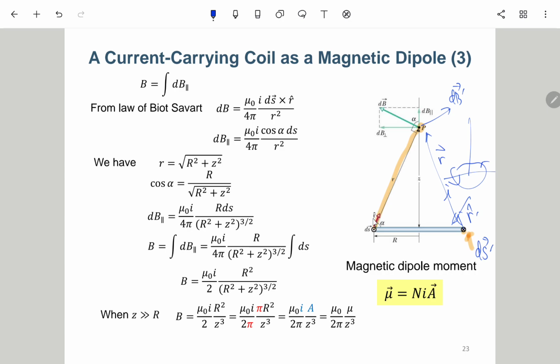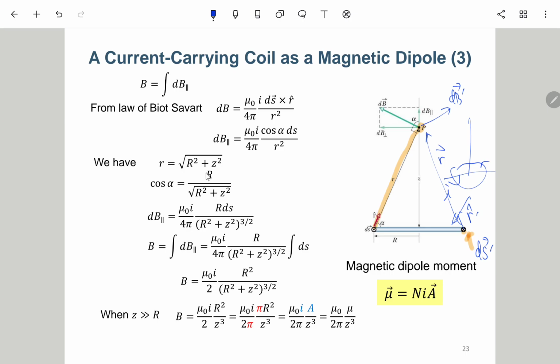Okay, so according to the Pythagorean theorem, we have r equals the square root of capital R squared plus z squared. And then cosine of alpha is actually capital R over small r, and small r has this expression.